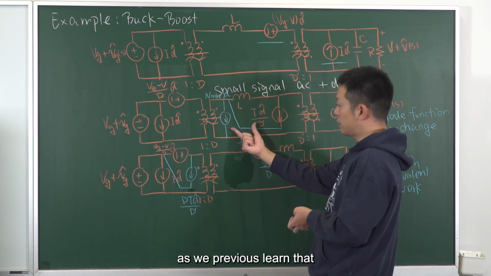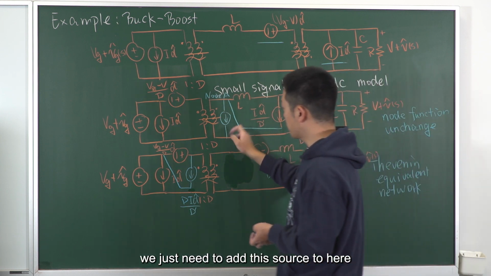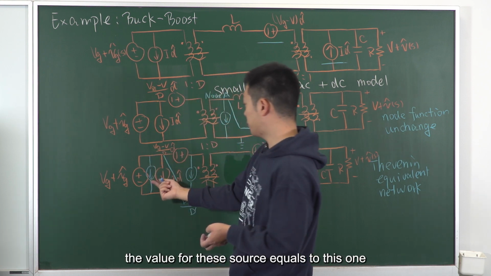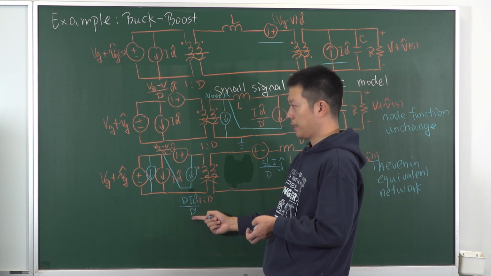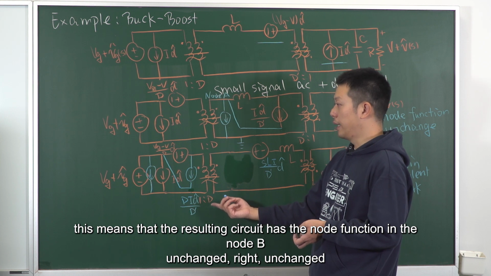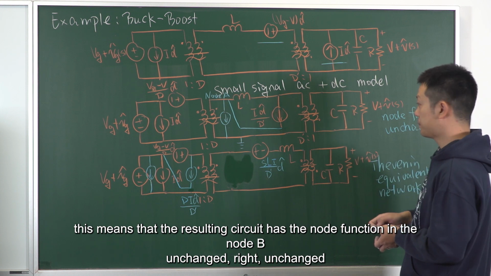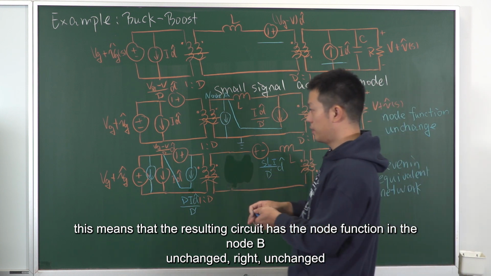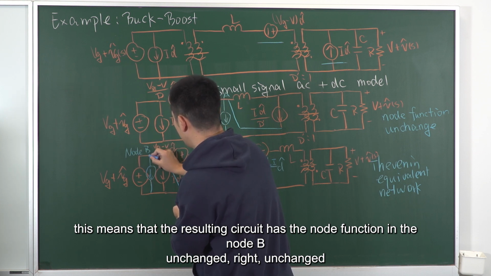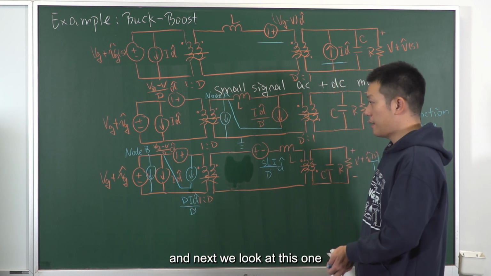As we previously learned, in order to keep the node function unchanged, we just need to add this source to here. The value for this source equals this one. This means that the resulting circuit has the node function in node B unchanged, right? Unchanged.